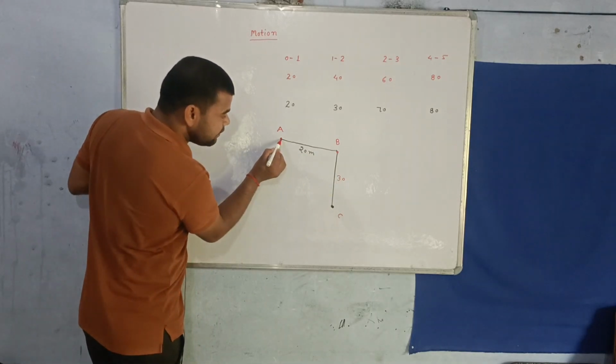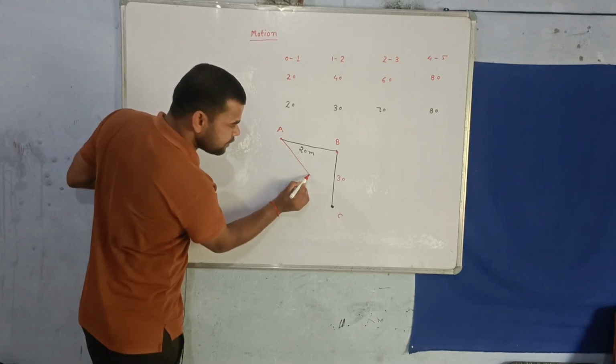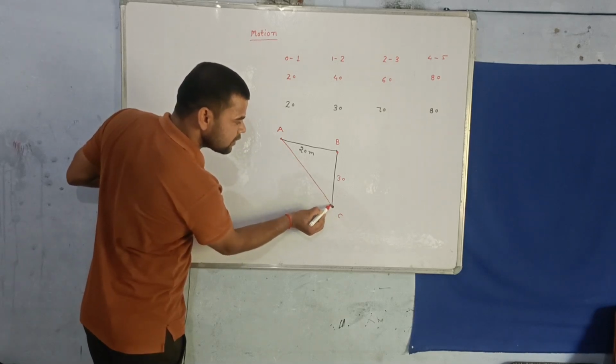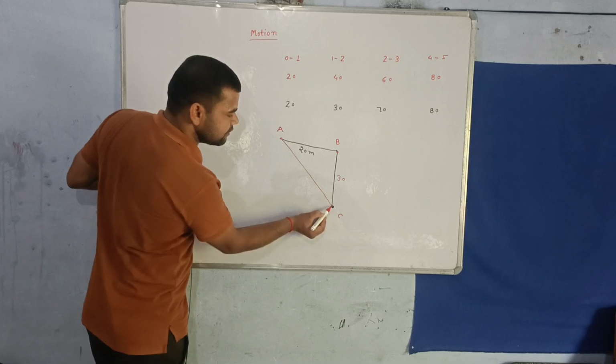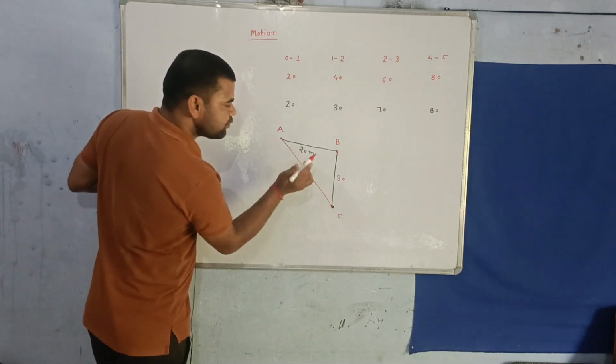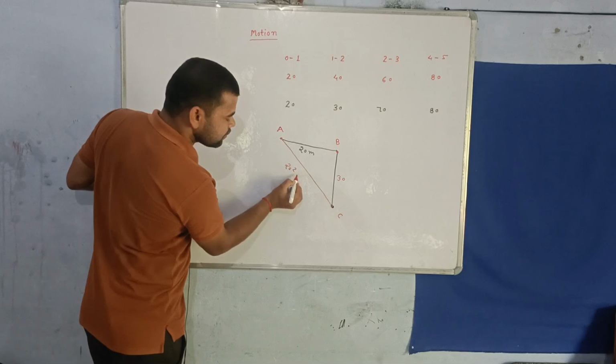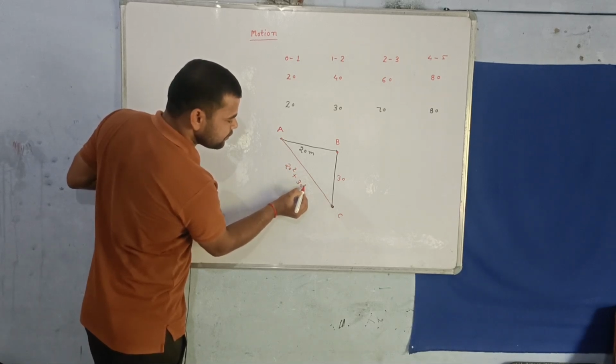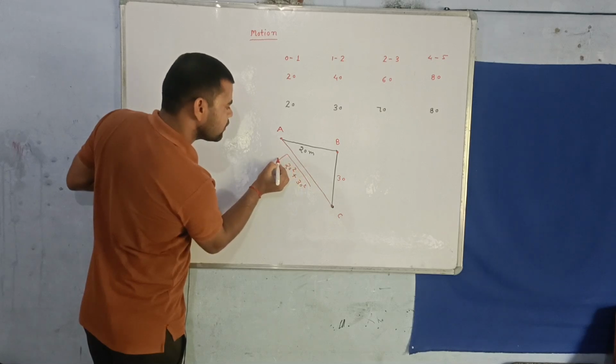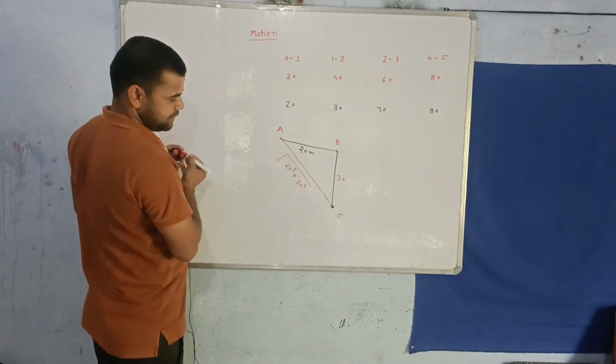But the displacement will be this, A to C, which is the square root of 20 square plus 30 square. And this will be the displacement.